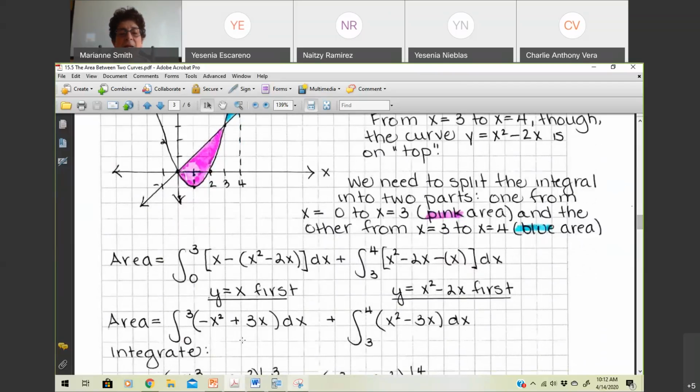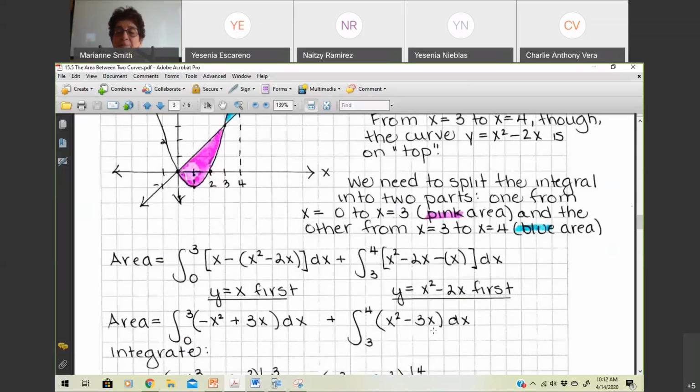Right. So for the area, I'm doing a little bit of algebra. This gives me negative x squared plus 2x. So I have 3 x's and a negative x squared, so negative x squared plus 3x, just a little bit of algebra here. And over here, I have x squared minus 2x minus another x, so x squared minus 3x.